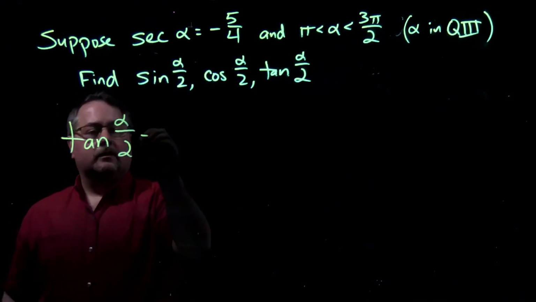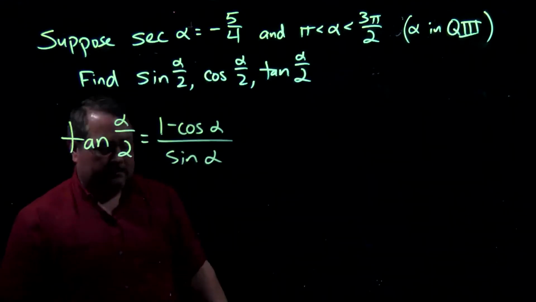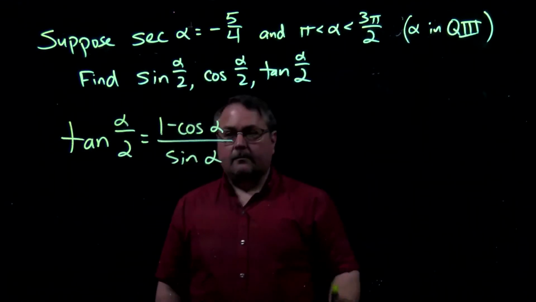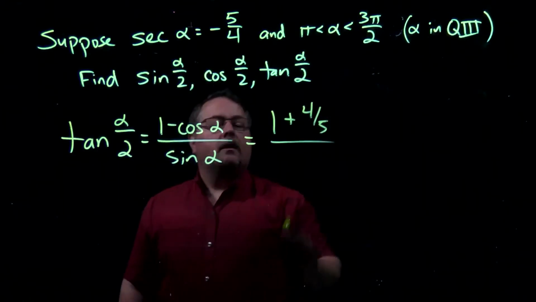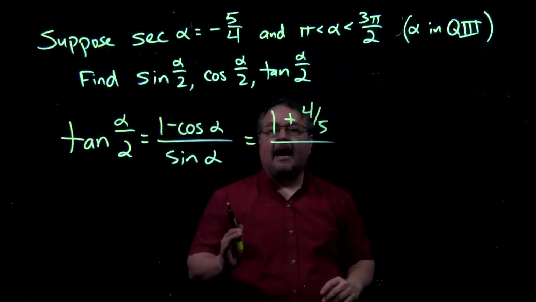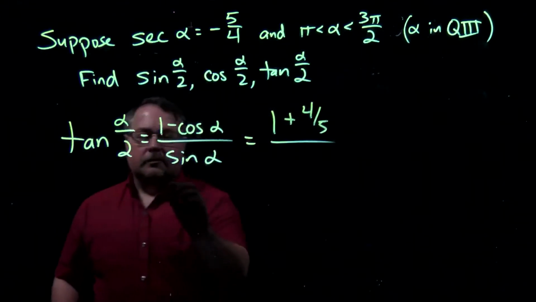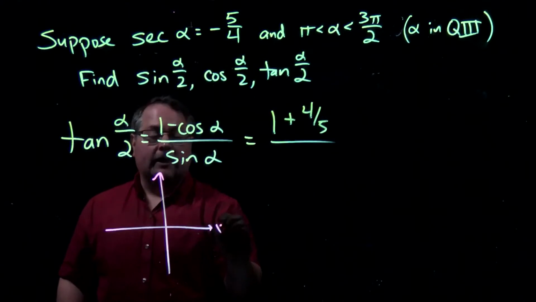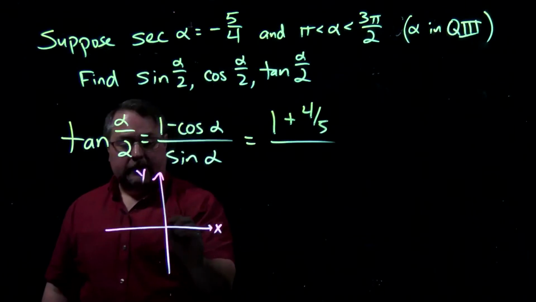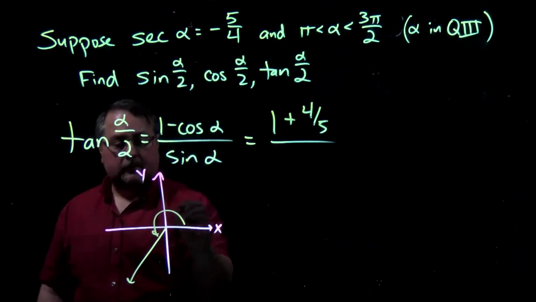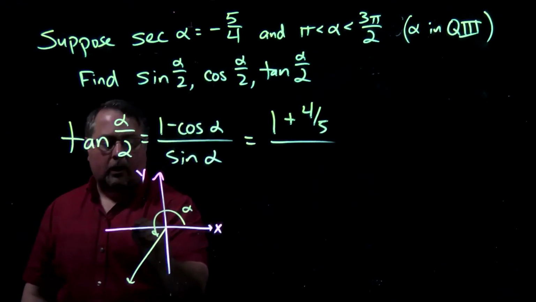Tangent alpha over 2 equals (1 minus cosine alpha) over sine alpha. And we'll remember that cosine alpha is -4/5. So now we have to find sine alpha. And we will use the fact that, so now we're looking at alpha, not alpha over 2, alpha is in the third quadrant, between pi and 3 pi over 2, and the secant is -5/4.